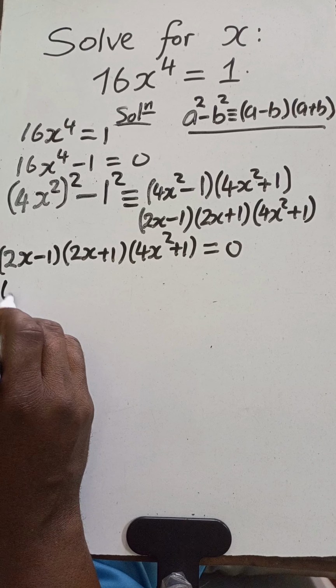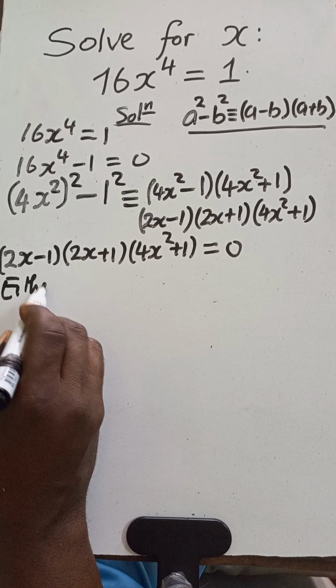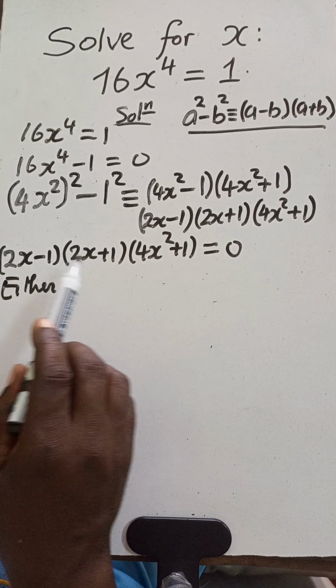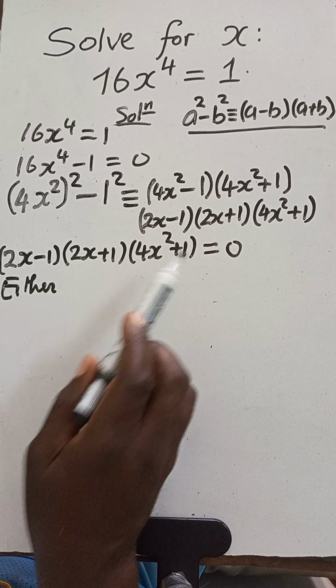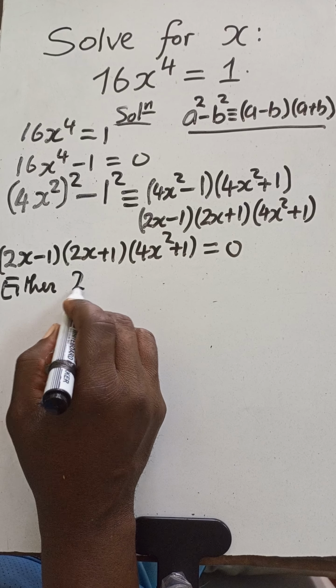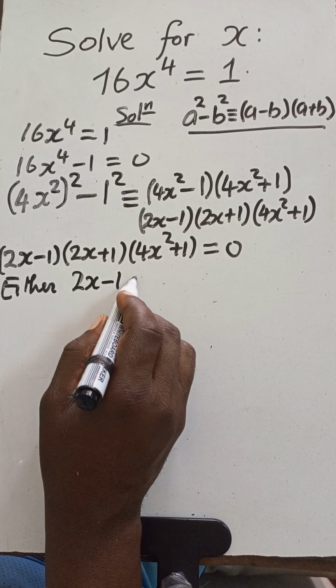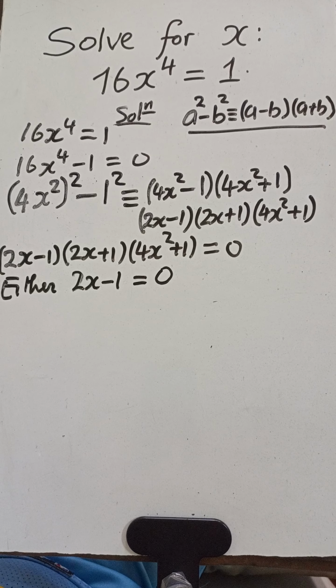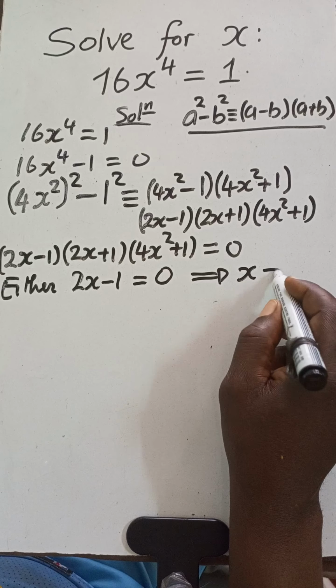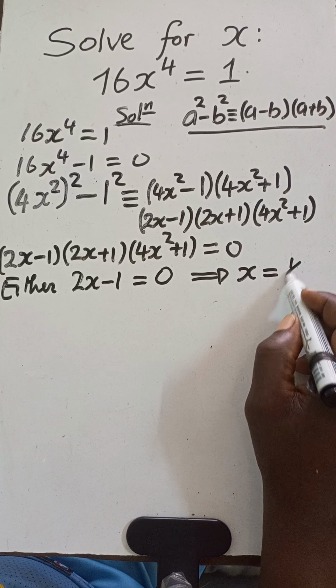It therefore means that either this expression is 0, or this expression is 0, or this expression is 0. So either 2x minus 1 is 0, and if that is true, it simply means that x equals a half.